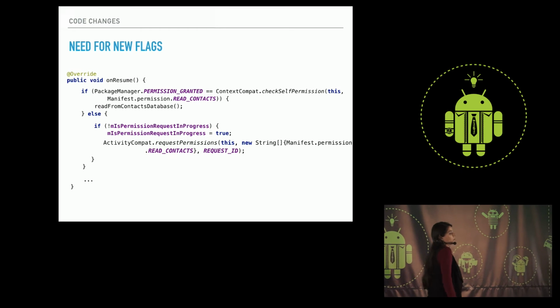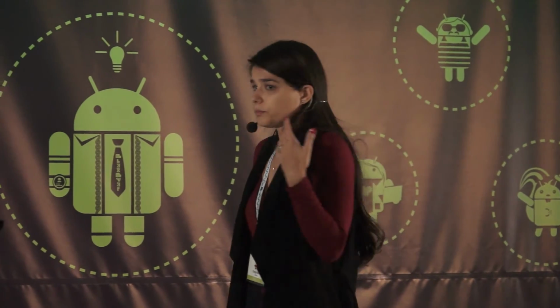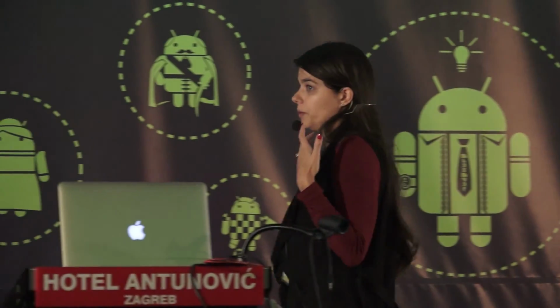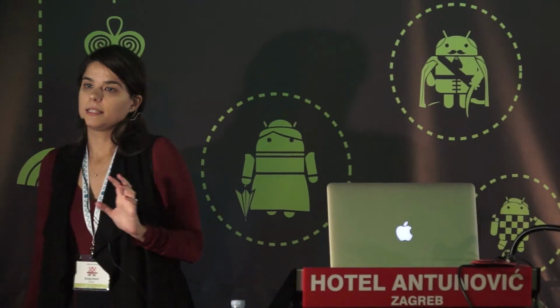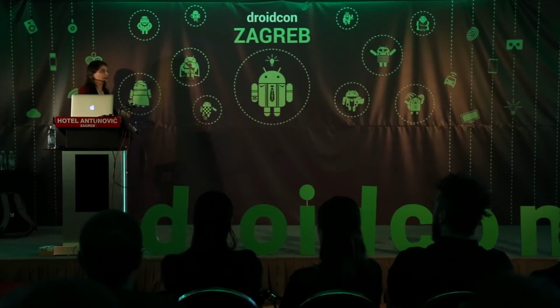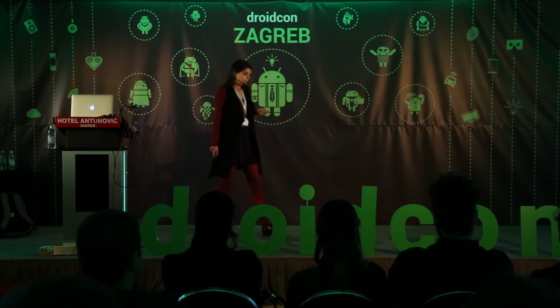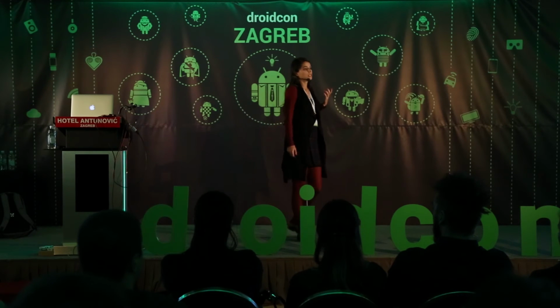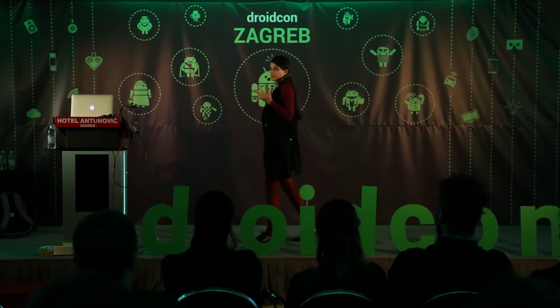And this is actually not the only place where you need to use flags or to keep state. You need it in all lifecycle methods where you request the permission, which are called upon rotation. Because if user rotates the device while the one permission request is in progress or the dialog is displayed, he will get a duplicate dialog. There's also a problem with fragments, because if you remember, I said that your activity goes through on save instance state when permission is requested.